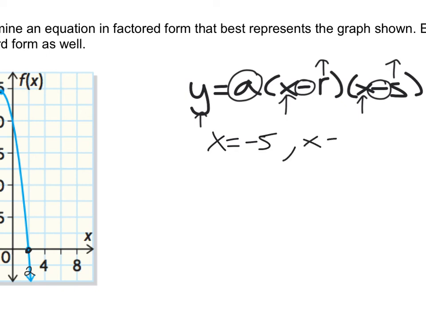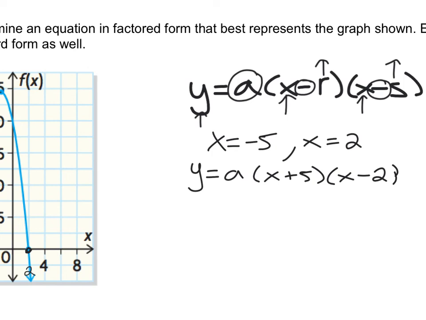The other x-intercept is at +2. We'll replace the r and the s value with that -5 and that +2. And of course, when we replace them, we're going to write the opposite in. So I've got a +5 and I've got a -2, because when I take those values out, when I set them equal to 0, they're going to be -5 and +2.